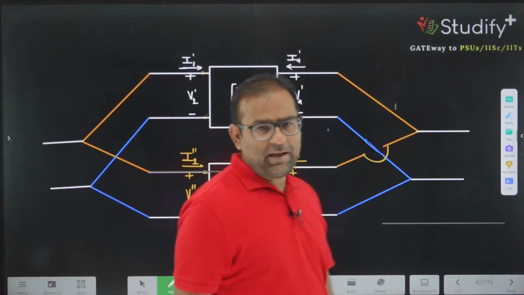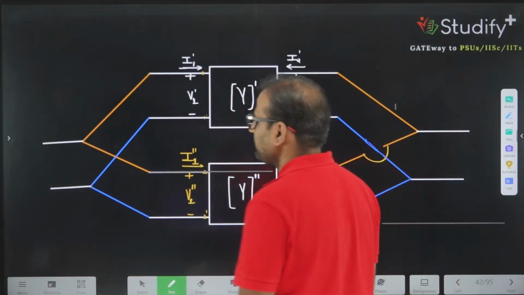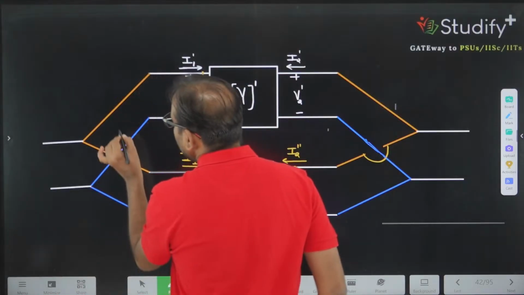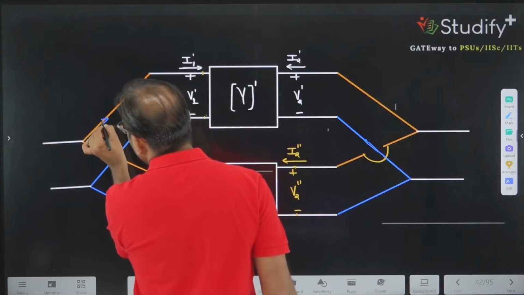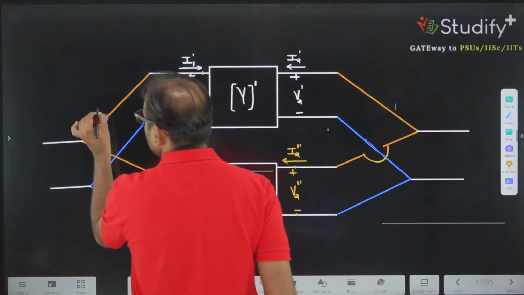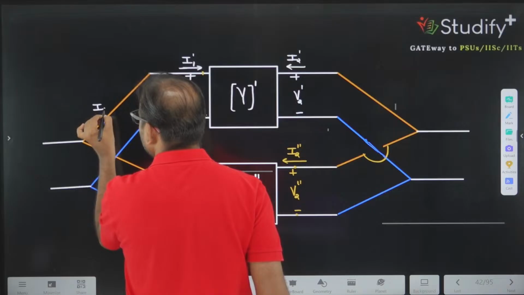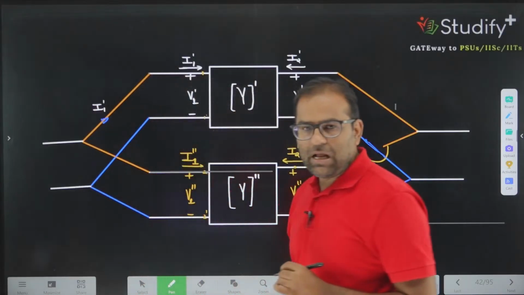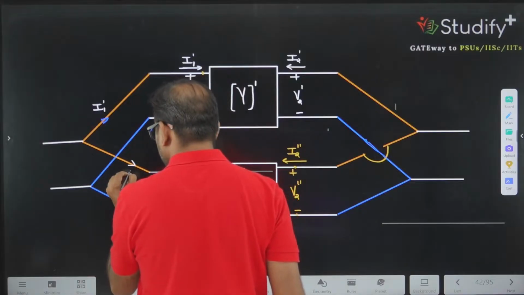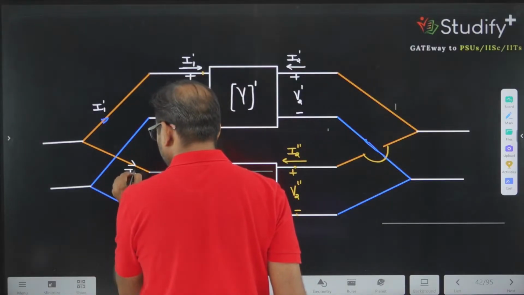Now what I can say, if you talk about this, for this two port, can I say the current I1 prime is the current which is going away from here, and I2 prime is the current which is going away from here. So can I say the net current is what?